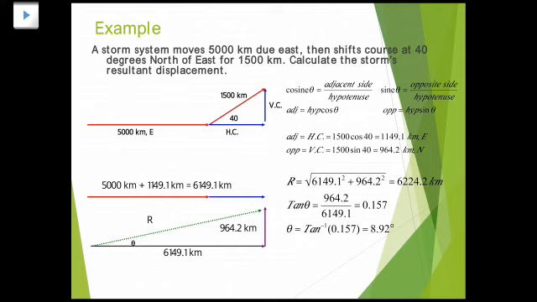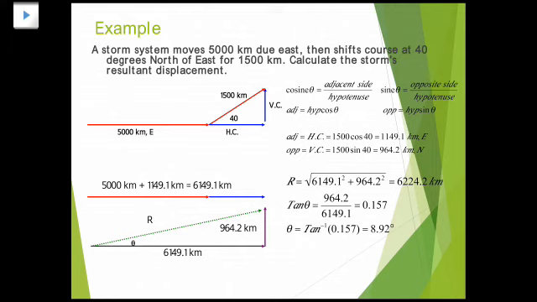kilometers. So, para kunin naman ang angle, tangent ang gagamitin natin kasi may given tayong opposite and adjacent. So, tangent theta is equal to 964.2 kilometers over 6,149.1 kilometers is equal to 0.157.